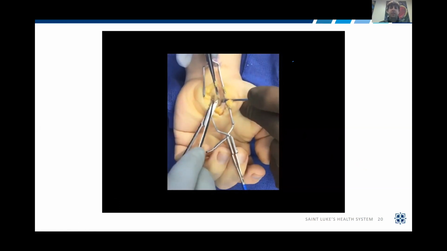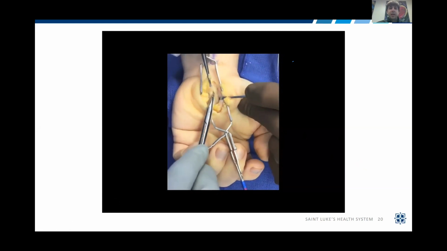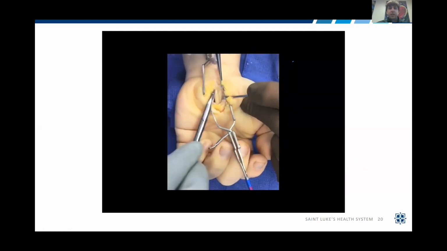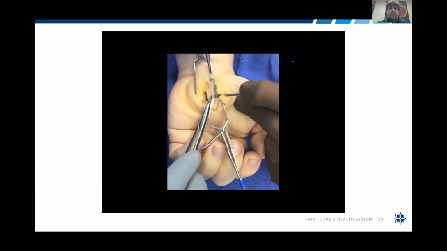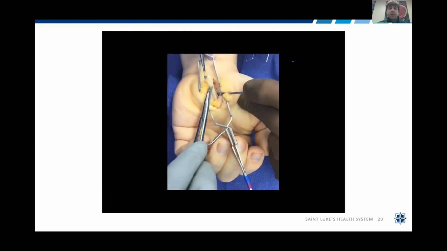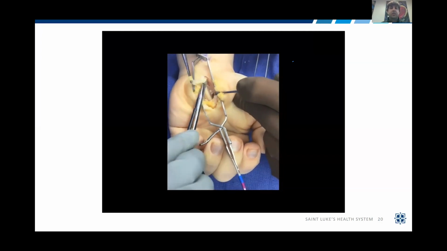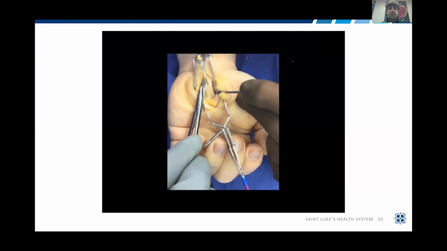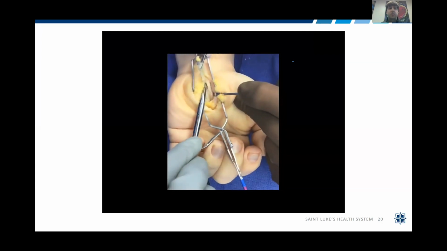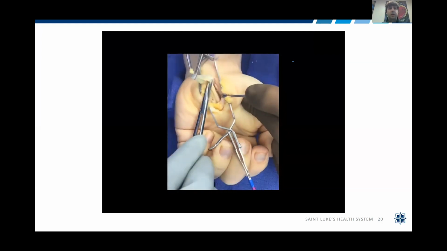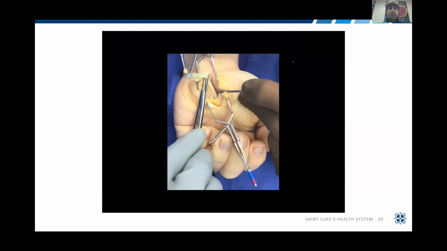And we published this video as part of a review article that we did. And so what he's doing here is he is snipping off the tenosynovium, which is the covering of the tendons as they come through the carpal tunnel. And really a good debulking of this tenosynovium is important in order to decrease symptoms of carpal tunnel syndrome and to prevent or decrease the risk of this happening again.